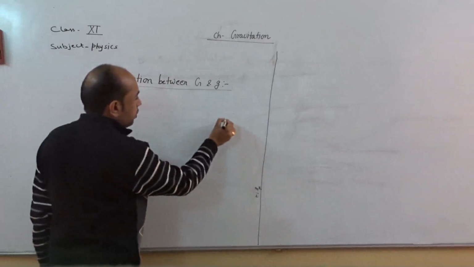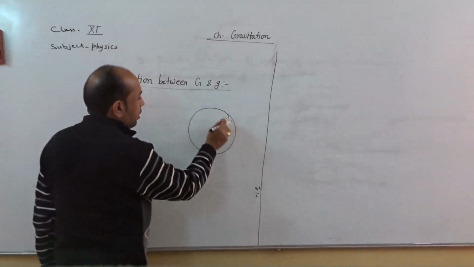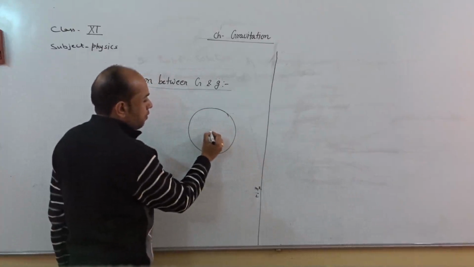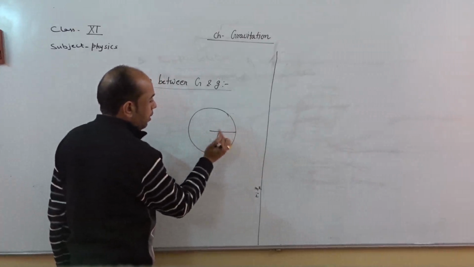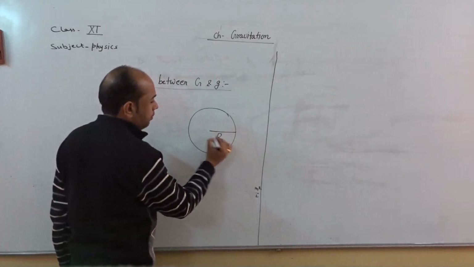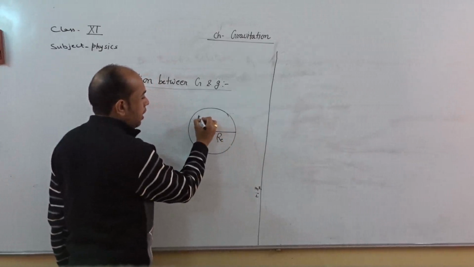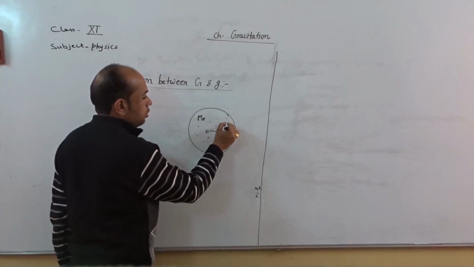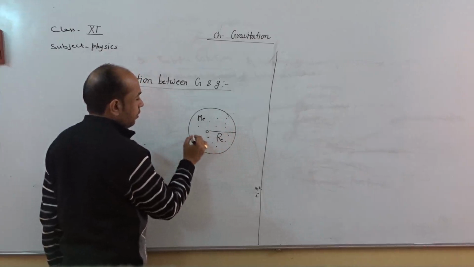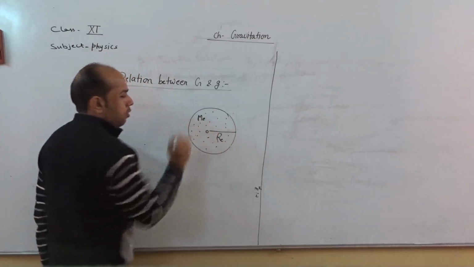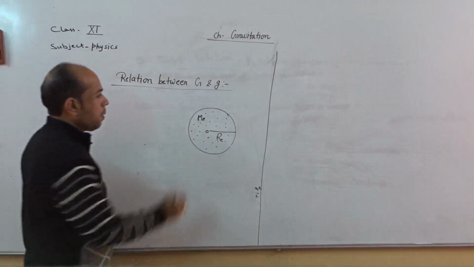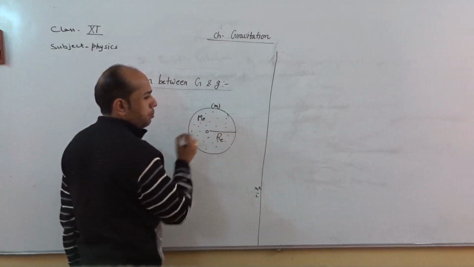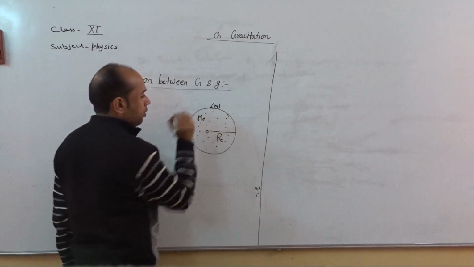So in order to understand this concept, we take Earth. Let us consider Earth in the shape of a sphere of radius capital RE and its mass is ME. Okay, since Earth is solid, it is represented by a sphere with dots. Now suppose one object of mass M is placed on the surface of Earth.